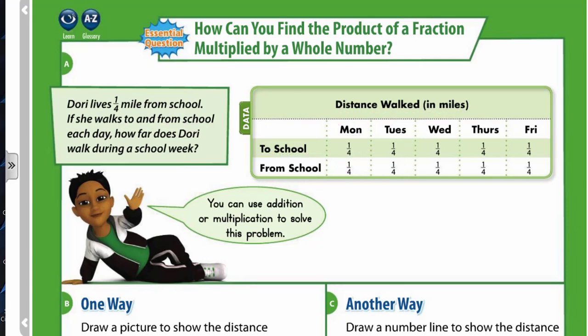Okay? Thank you, Ali. Great work. And now, my heroes, we understand this table. We have the distance 1/4 to school and 1/4 back from school, both in one day. So every day 1/4 to school and 1/4 from school. Okay, let's go down to see.